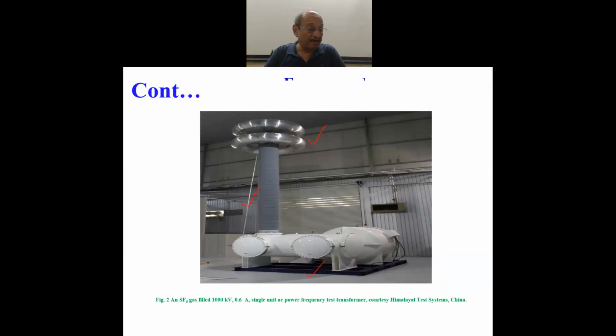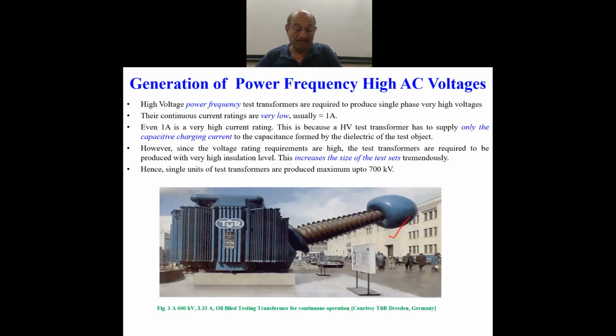So this is a newer development of SF6 gas insulated 1000 kV test transformer, compared to the conventional paper and oil insulation, as in the previous one. In that case, the insulation in this tank is of paper and oil, so it makes for a very large size.